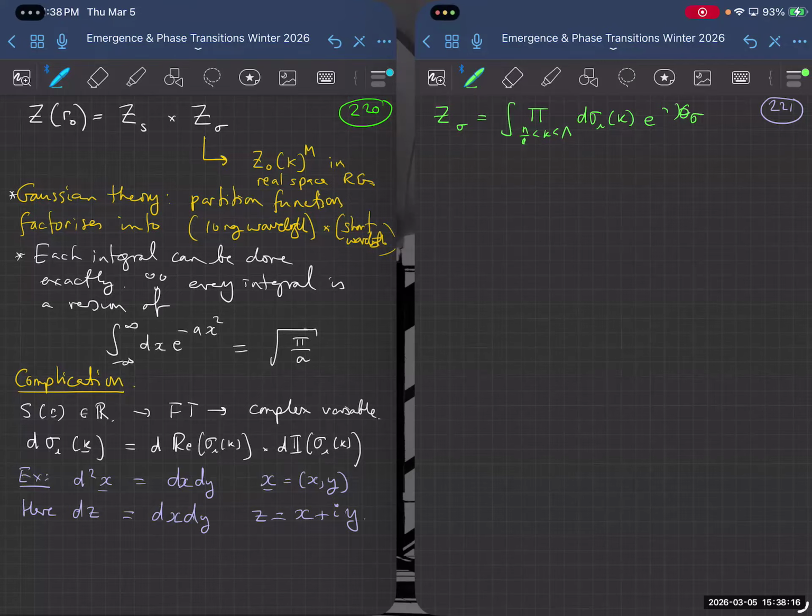And H sigma is what we have on the left-hand page. So this is the product of the integrals, lambda over L is less than K is less than lambda, d sigma L of K e to the minus H. I just wrote this down. Sorry.